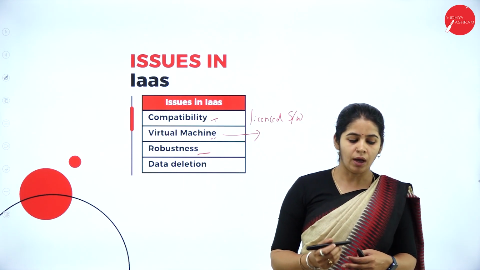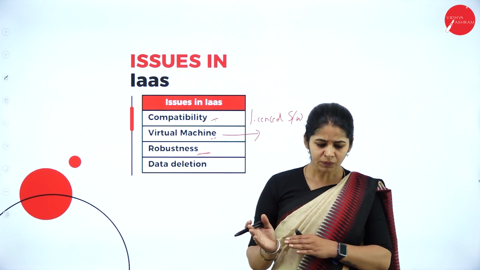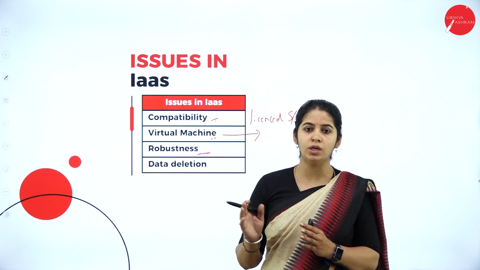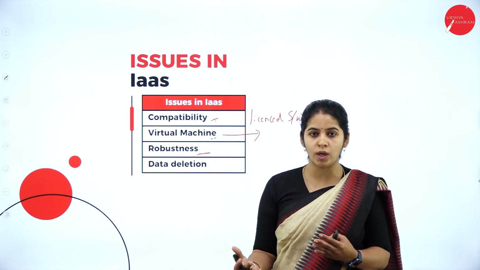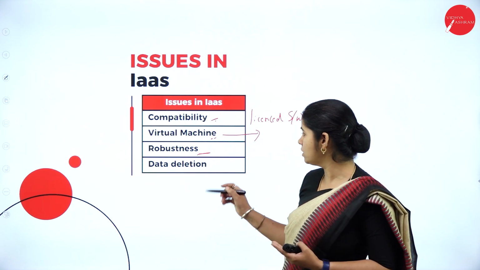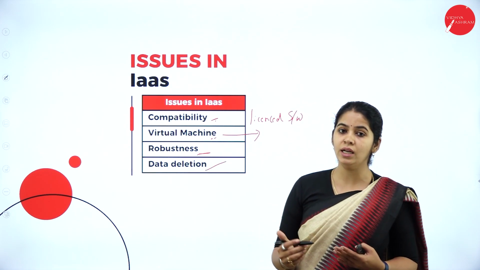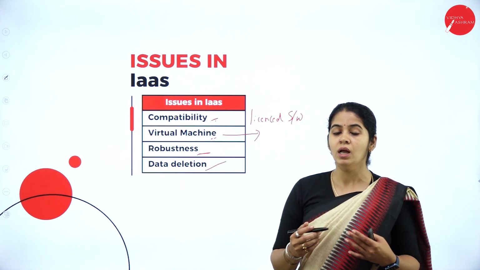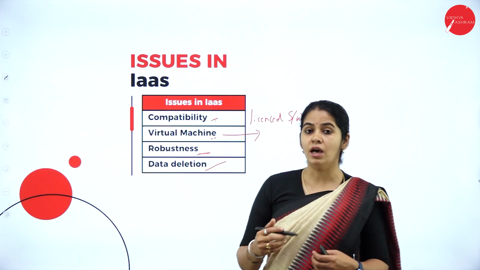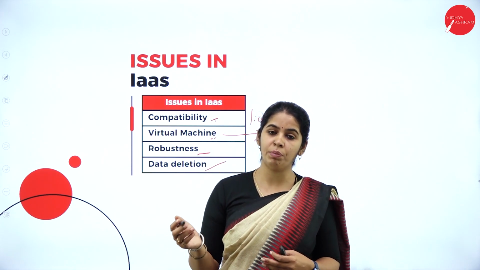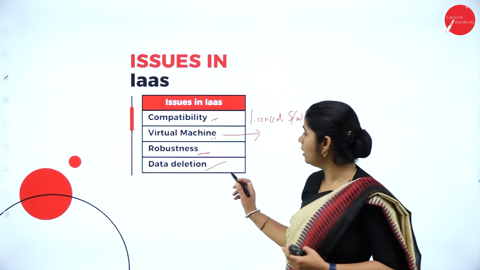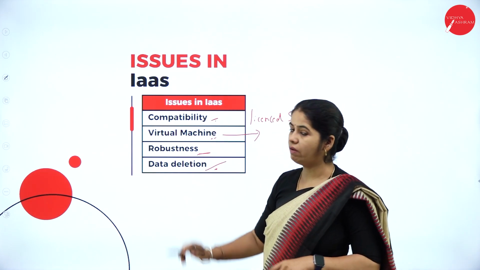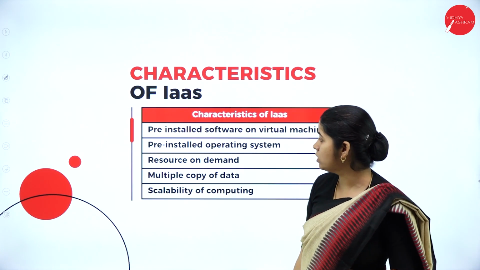Robustness means splitting up the single system's resources into different systems, creating them virtually. Then data deletion. Data deletion means once the user deletes the data, the service provider has to delete that particular data, but that usually does not happen. That is one more issue we have in infrastructure as a service.